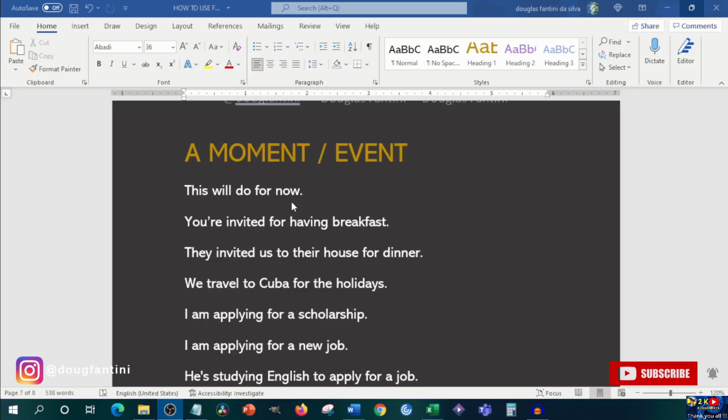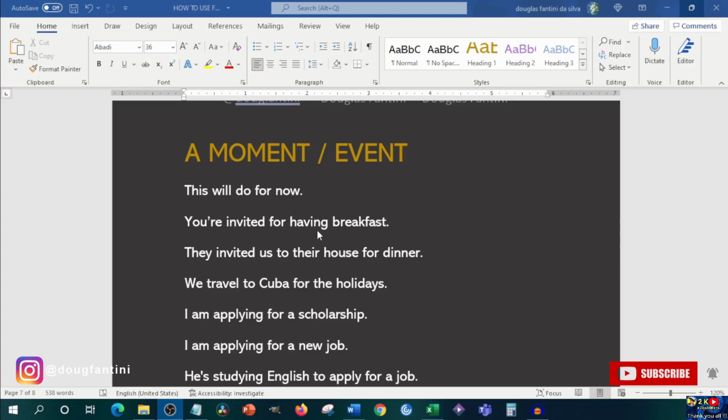We talked about the word for as meaning time, and now we're going to talk about it meaning a moment or an event. This will do for now, or for this moment, this will help. For this period of time or for this event, for example. Let's go through a lot of examples related to a moment or event.